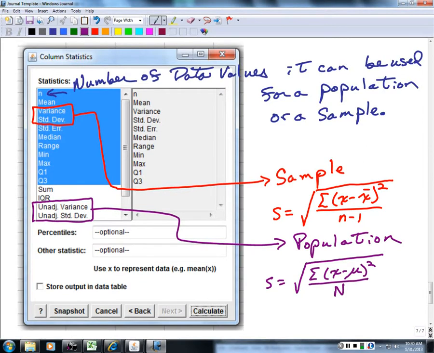Yes? That's supposed to be a sigma. I'm sorry. Thank you for pointing that out. Okay, that should have been a sigma. I apologize for that. I was thinking about everything else that I was trying to say at the end. I do that sometimes. I write down the wrong thing. Doesn't mean that I don't know what I'm doing.